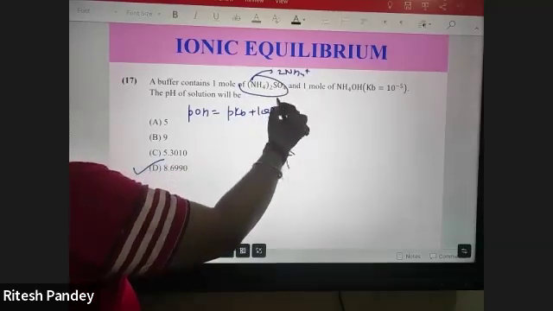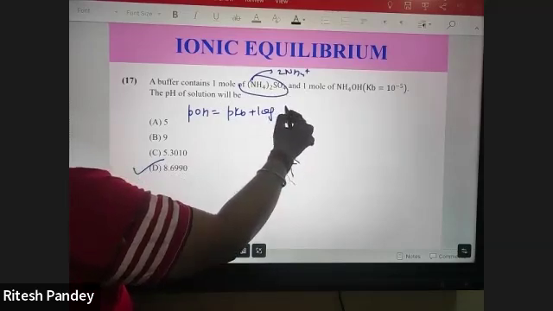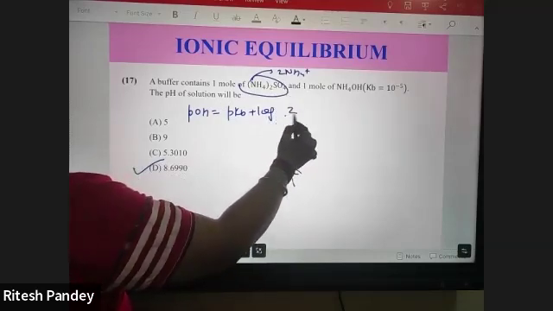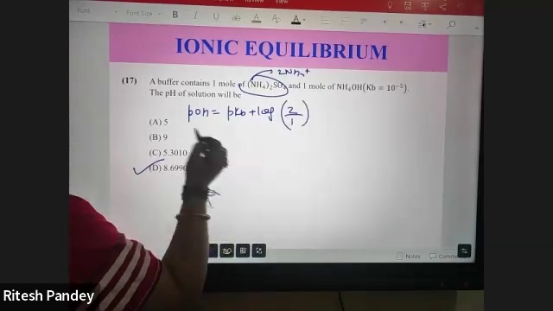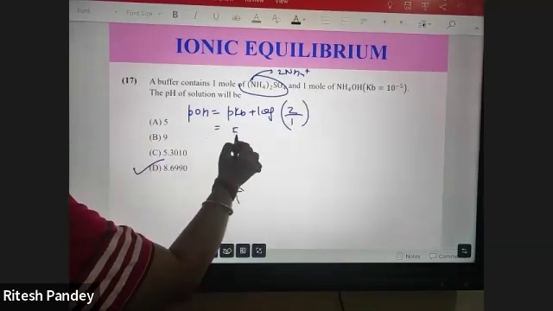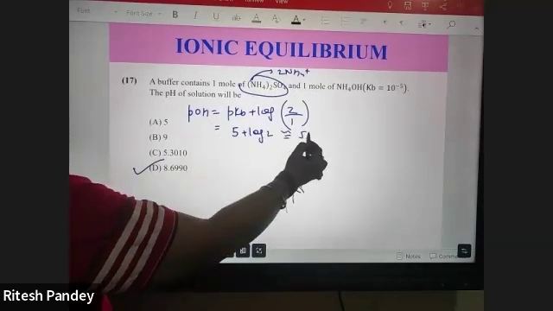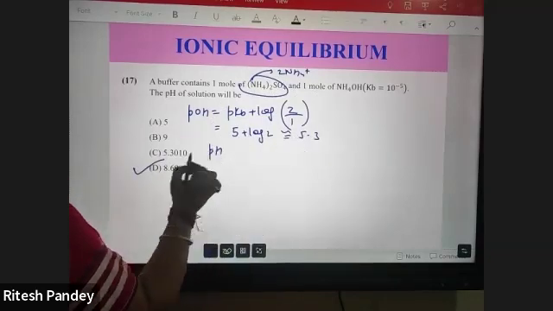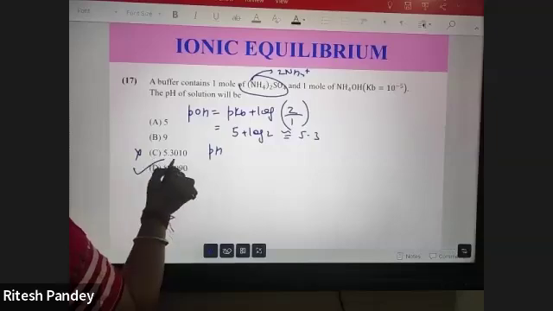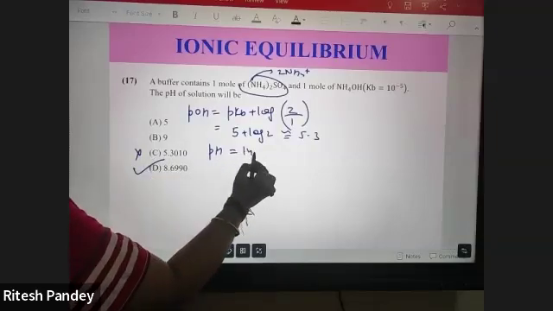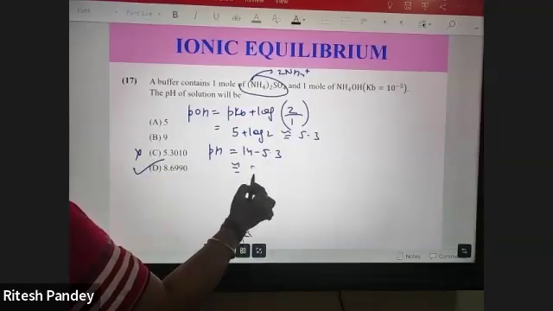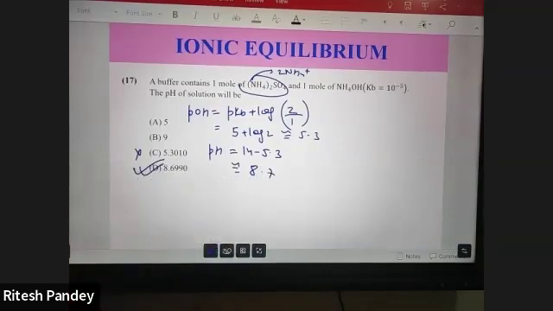So if this is NH4 plus, I'll write this 2 and this is 1. I hope I'm being understood. Which is almost 5.3. And don't rush into giving C as the right answer because you want pH, which is almost 8.7. Delhi.